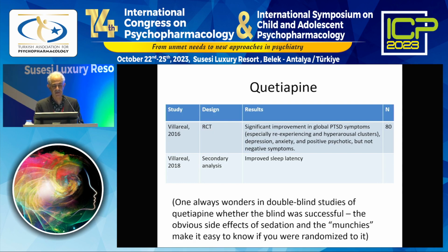They're mixed together, so it could be taken as a study showing a benefit for positive symptoms, for psychotic symptoms, but the study really doesn't delineate that. So we do mention it here, but I have this little caveat at the bottom. You can probably read it. One always wonders in double-blind studies of quetiapine whether the blind was successful.